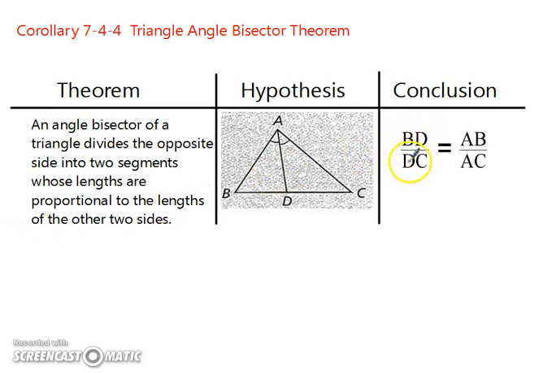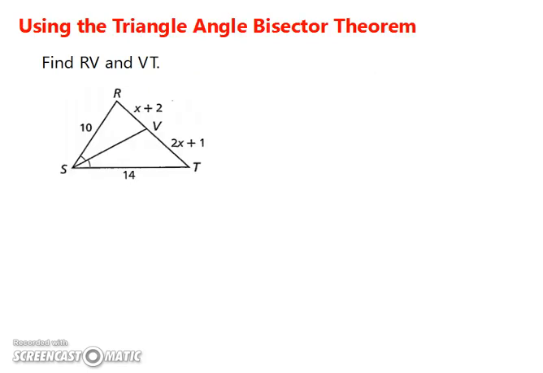Let's look at this a little closer. If we look at BD and divide that by DC, it's going to be equivalent to if you were to take AB and divide it by AC. Let's look at an example. We want to find RV and VT.